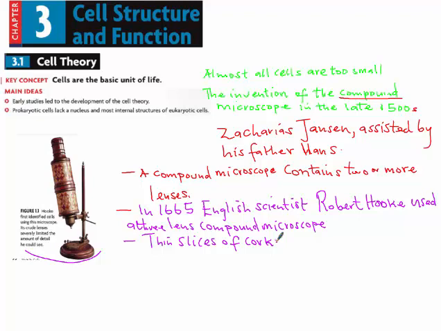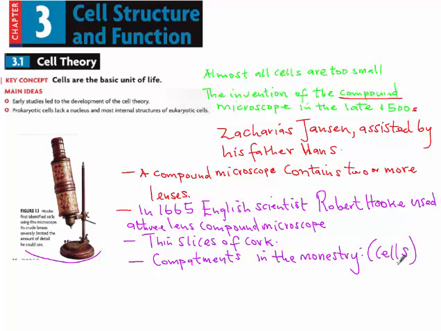These reminded him of the compartments in a monastery, which were called cells. So because they were called cells, Robert Hooke also called these tiny objects he was seeing cells.